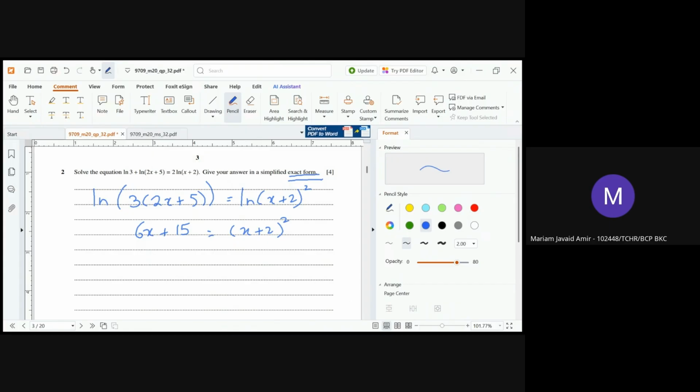Now this is a quadratic equation. We need to expand the left-hand side. So 6x plus 15 equals x squared plus 4x plus 4. 0 equals x squared minus 2x minus 11.